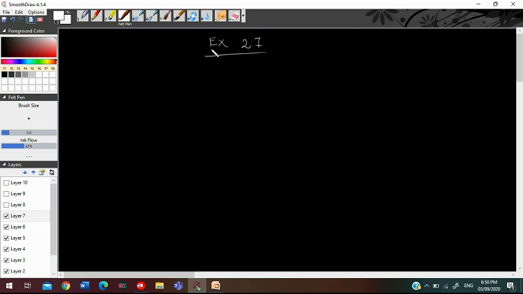Now the first question is, question number 1: y is equal to 2x^5 minus 3x^4 plus 4x^3 plus x minus 2. This is a polynomial, and as I have done in the example, by doing the same calculation you can find this very easily.